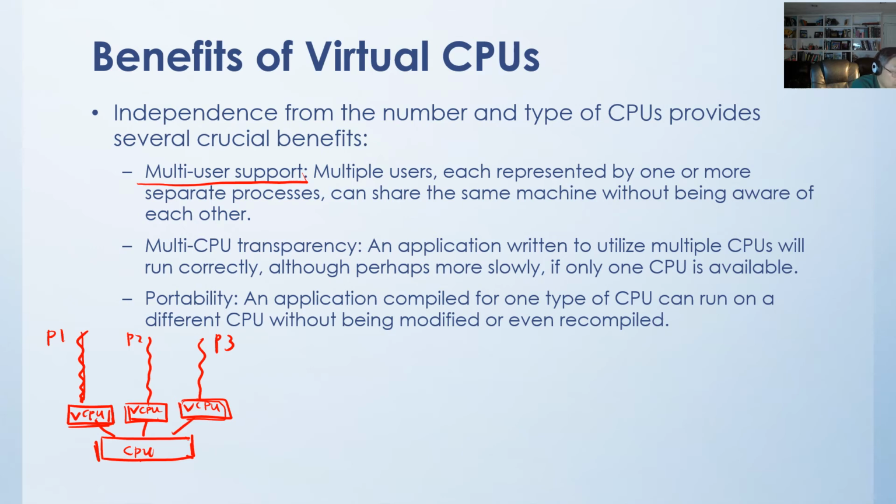Same thing with process 2. And these processes 1, 2, 3, each represented by one or more threads, can actually share the same machine without being aware of each other.